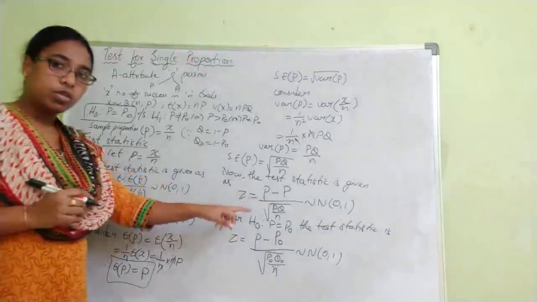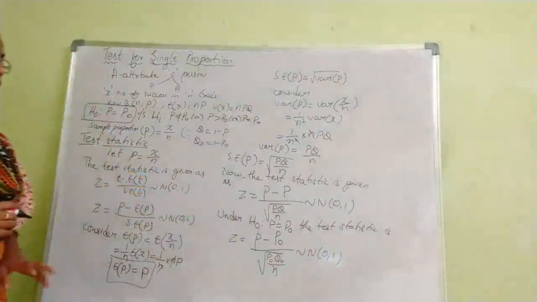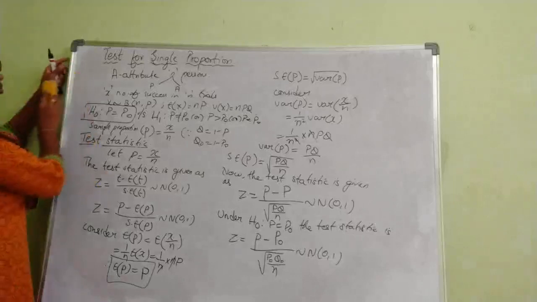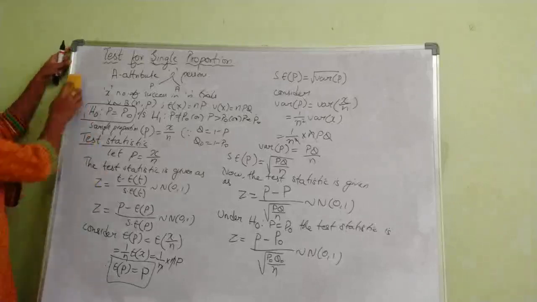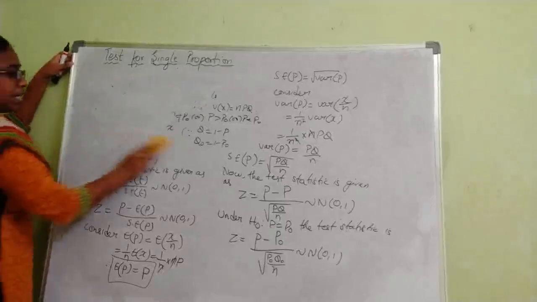Then write down the same test statistic under the null hypothesis, so that the test statistic is completed. Now the last part is, we have to write the inference. Inference means the conclusion part.